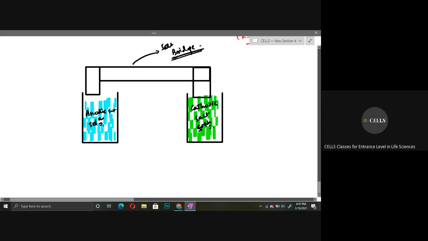It actually gets dipped into both solutions. Here, three types of salts are present: KCl, KNO3, or NH4NO3.